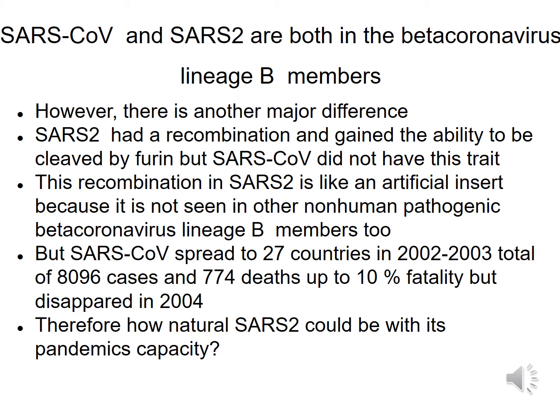And not only that, no other genetically related virus in that group has it, suggesting an artificial insert. And SARS infected almost 8,000 people in 2 years. So therefore, how natural could SARS-2 be with its pandemic capacity?